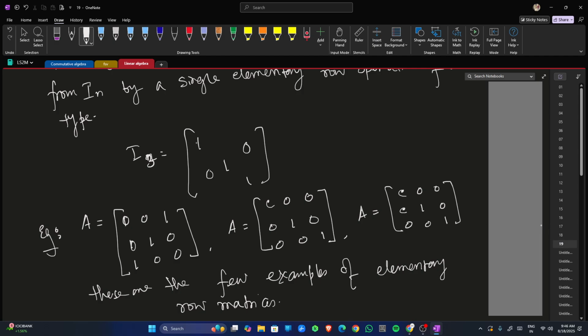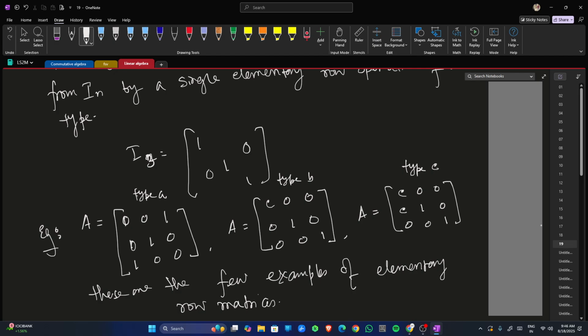I have multiplied it by C and then add it to this row. This is type C operation. This is type C. This is type B. This is type A.